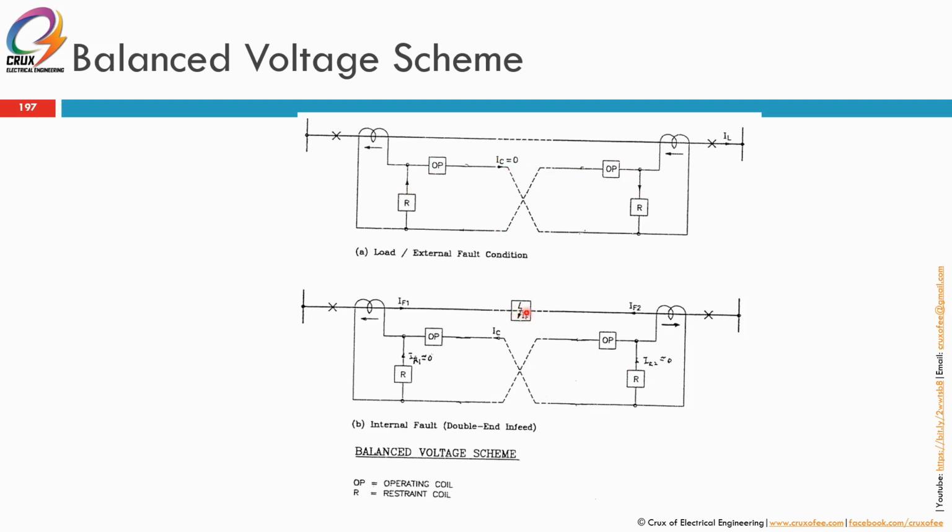But if there's any fault within the protection zone, the voltage build up here is 0, because there's no current flowing here. So the voltage across this resistor is 0, but there's a voltage across this resistor. So the voltage is enough to operate the operating coil.